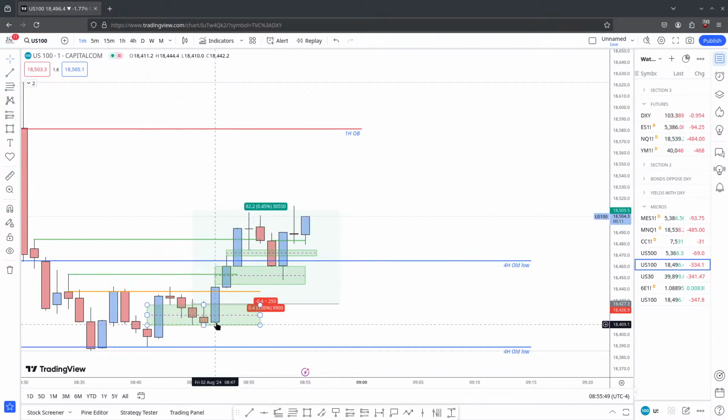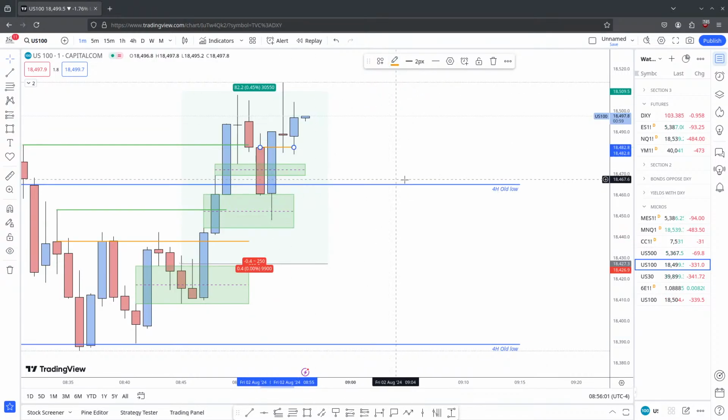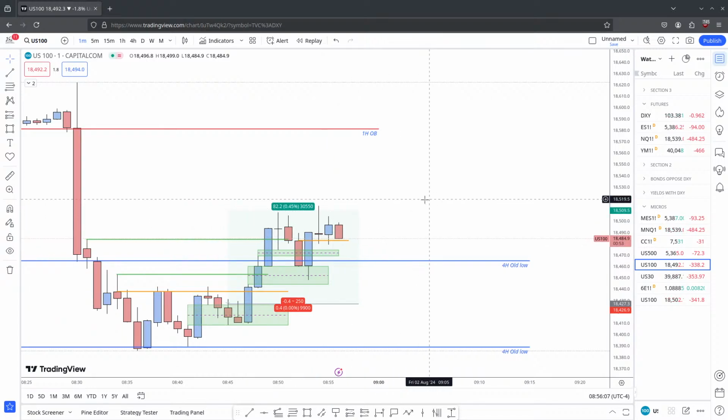They gave that spool and pushed price higher. So look at this order block here. I should probably color this one different, orange. See if it wants to push higher though. Not expecting much here though. We could be going sideways.